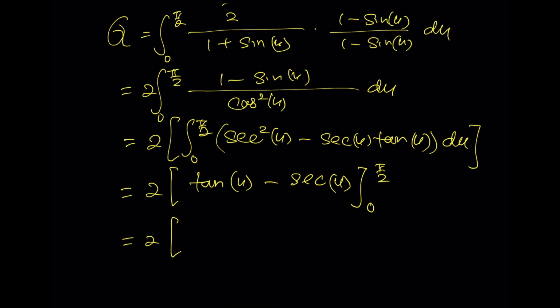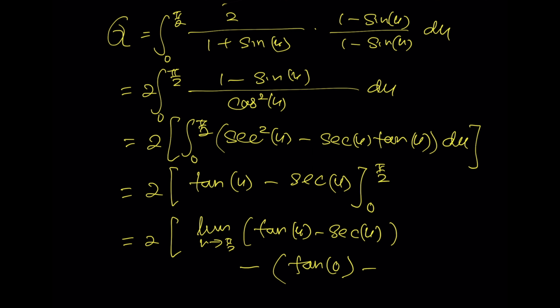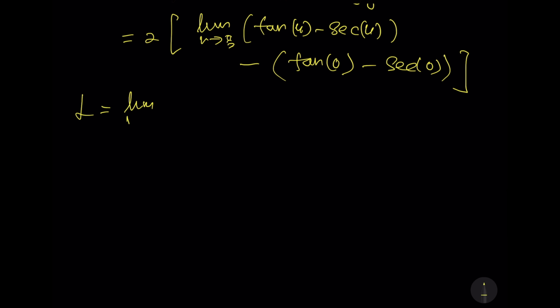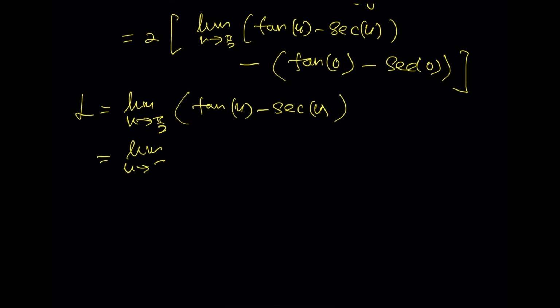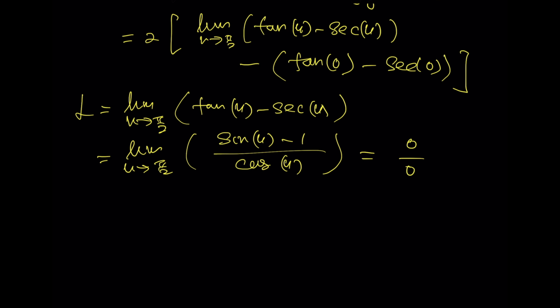Q should be written as 2 multiplied by the limit as u approaches pi divided by 2 of tangent u minus secant u, minus tangent 0 and minus negative secant 0. Now we focus on solving the limit. It can be rewritten as the limit as u approaches pi divided by 2 of sine u minus 1 divided by cosine u, which equals 0 divided by 0.